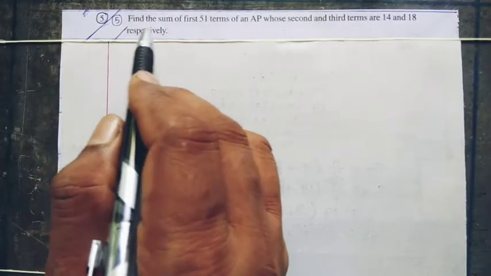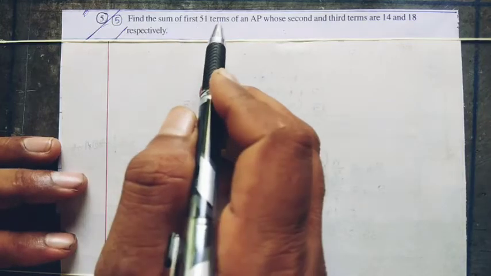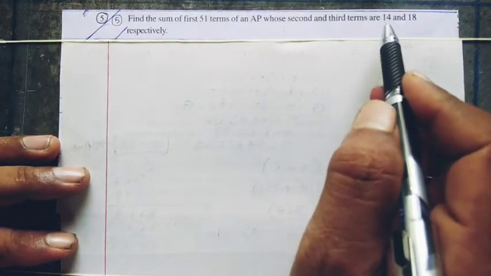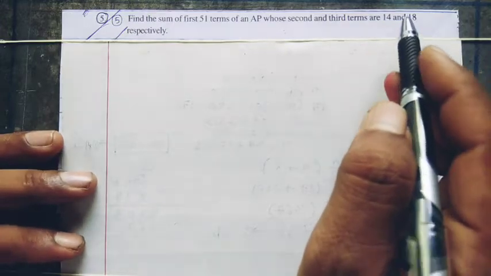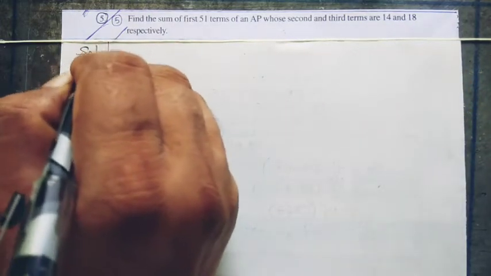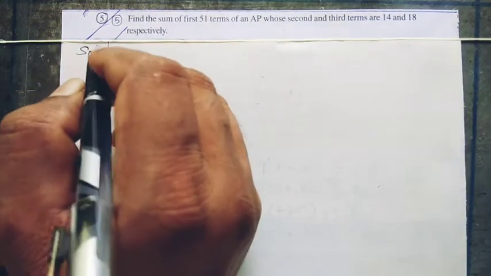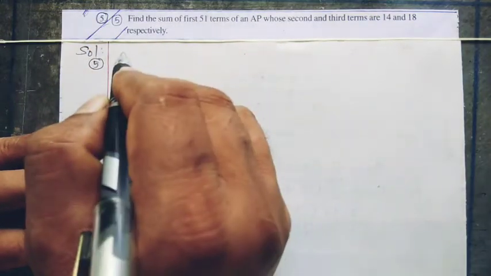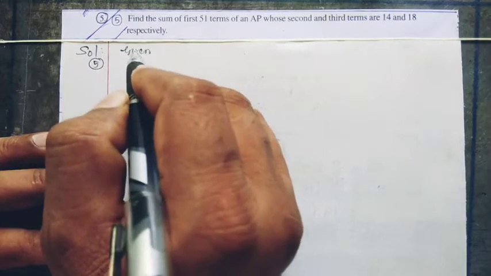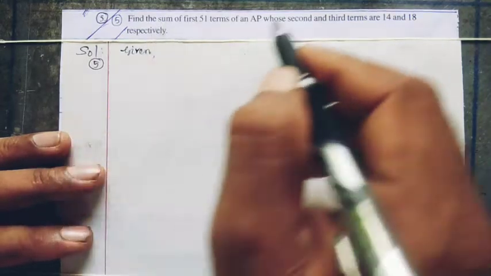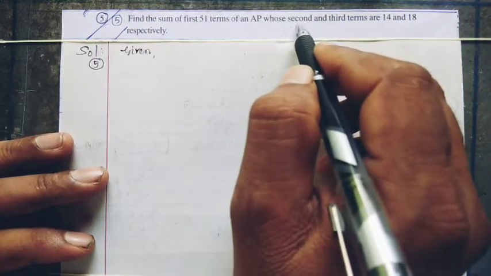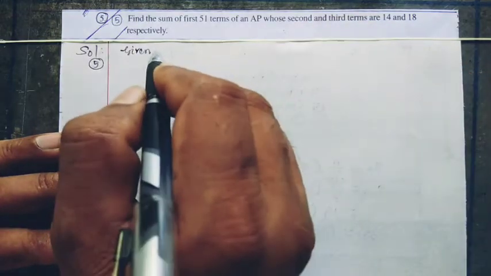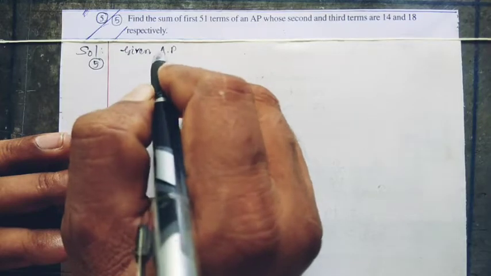Fifth problem: find the sum of first 51 terms of an AP whose second and third terms are 14 and 18 respectively. Solution for fifth problem. Given second and third terms, given AP.